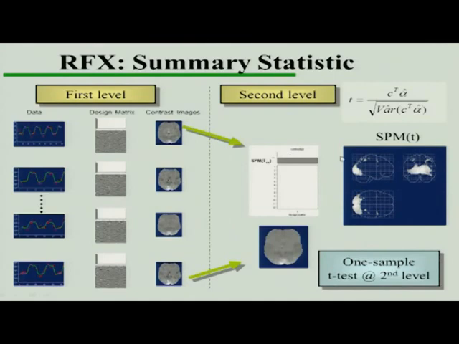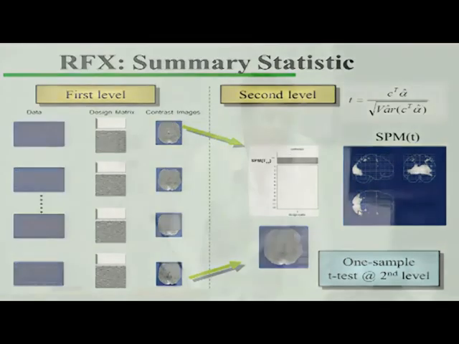And so with this visual paradigm, we see activations at the back of the brain that are significantly non-zero over the group, so that if you were to scan another subject with the same paradigm, you could be confident that you'd also get activation in these visual cortices.